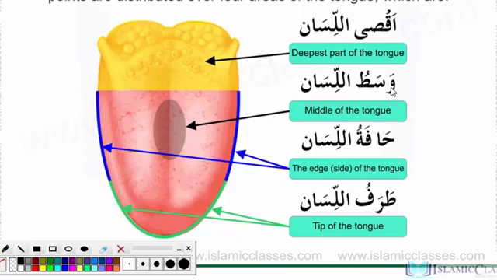The second is wasatul lisan, the middle of the tongue, and the next one is hafatul lisan, the edge side of the tongue. You can see the blue two lines here. These two lines places we call hafatul lisan, the edge side of the tongue. The last is taraful lisan, the tip of the tongue, and this area is here in green color.